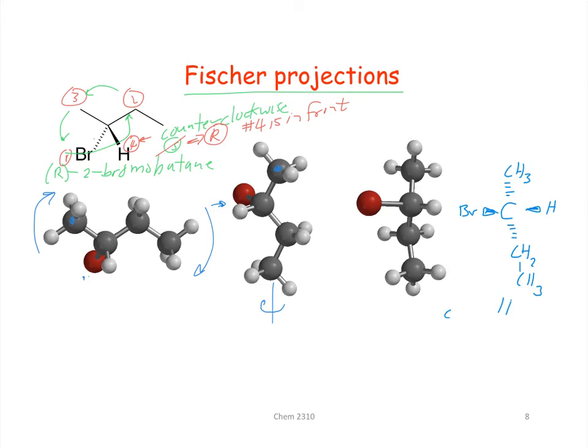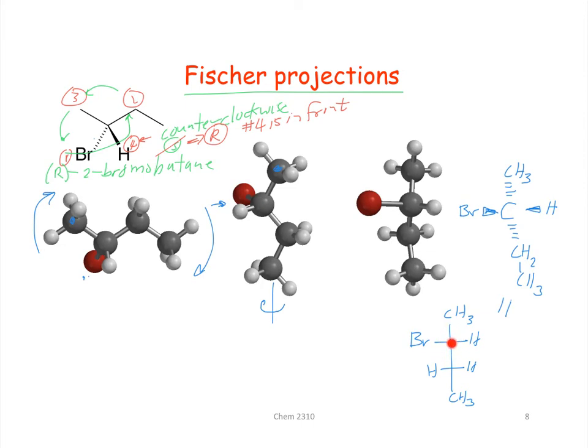And so this is going to equal, in a Fischer projection, all we do is draw a line like this. We could put H's here and here, and across like this H and bromine. Okay? So notice where they're crossed, there's carbons, right? But we're not showing any wedges or dashed lines.